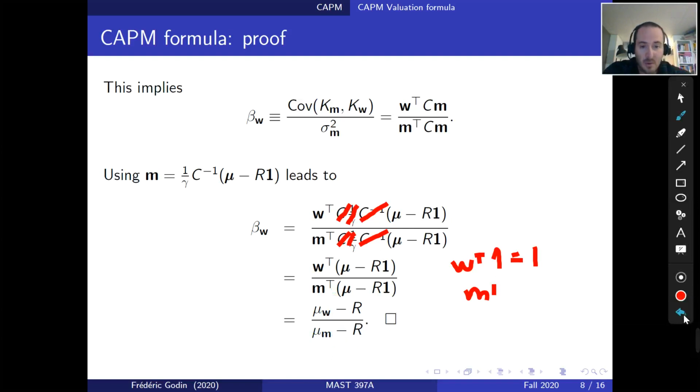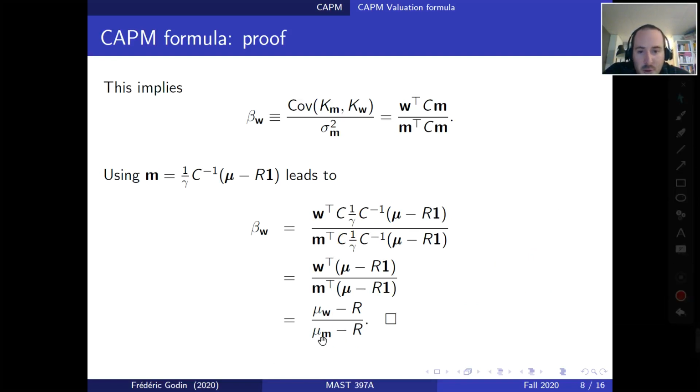And once we have that, we're done. Recall what we were trying to show: that this numerator, the excess return of a portfolio W, is equal to its beta, defined as this, times the excess return on the market portfolio. So this completes the proof.